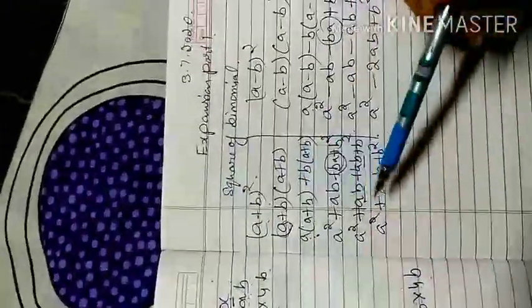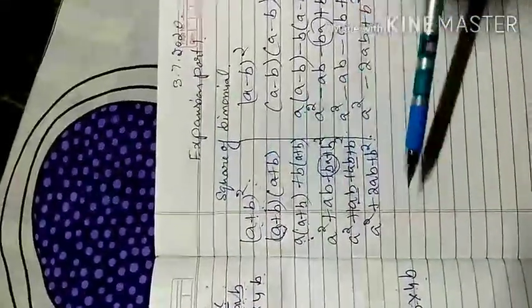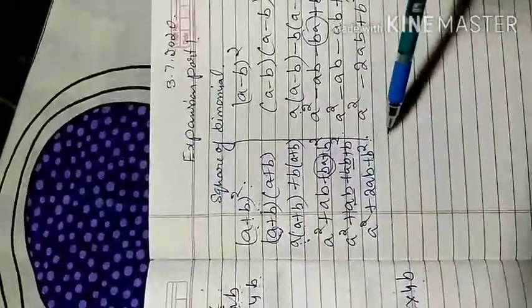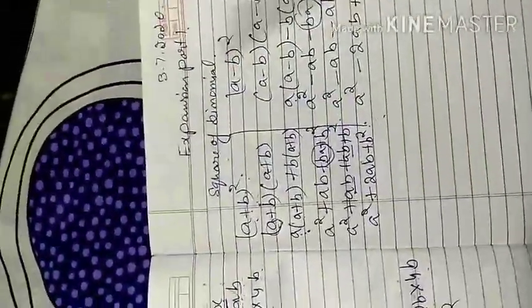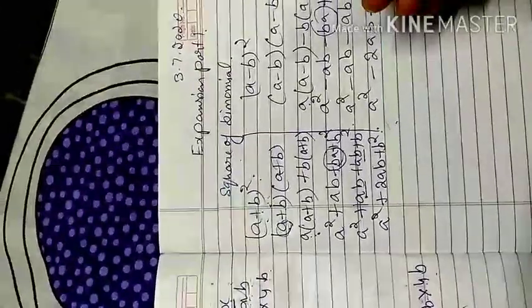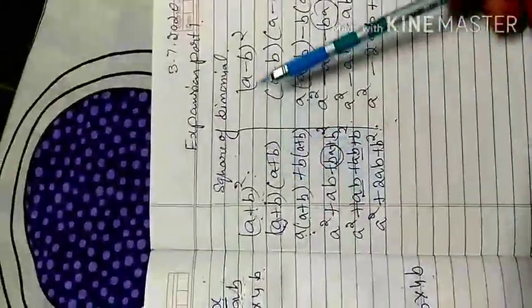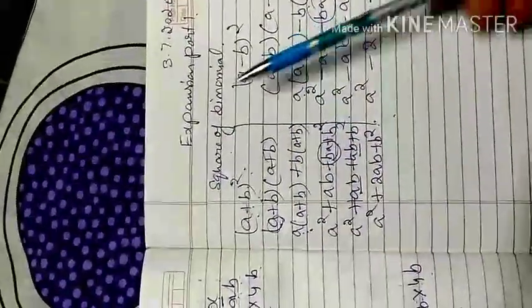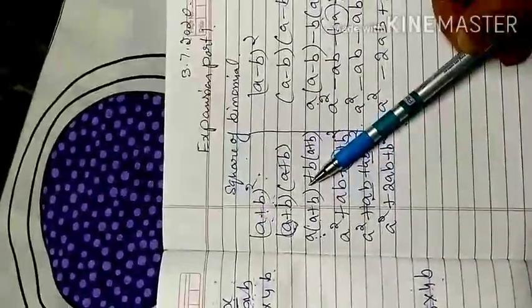If you judge this, this is the binomial term. When I square the binomial term, my answer is in the form of a trinomial. Both cases are the same. Square of a binomial means there will be two terms, either addition or subtraction. So there are only two ways of writing binomial terms.